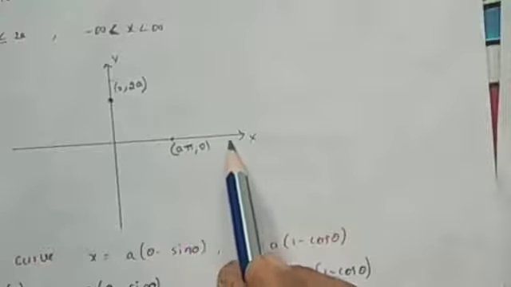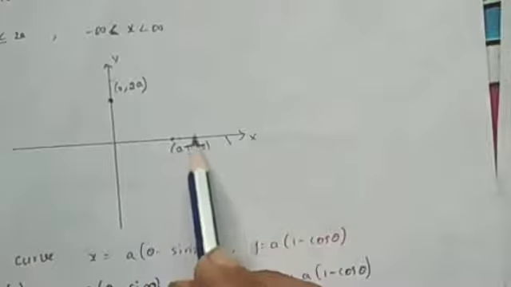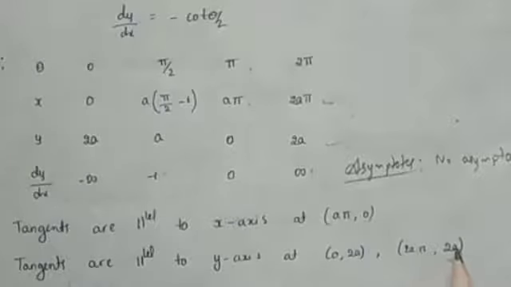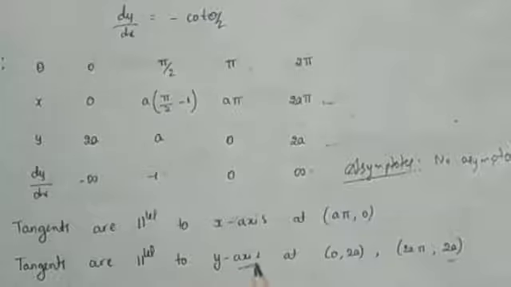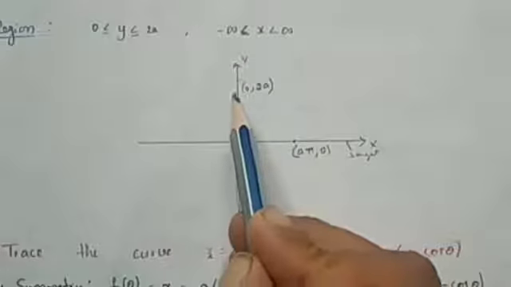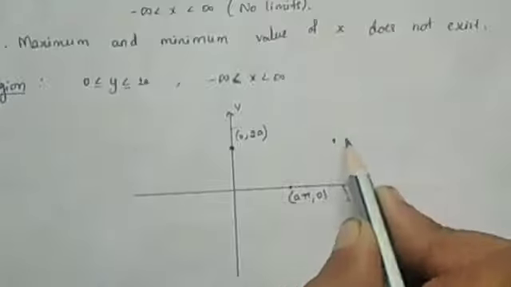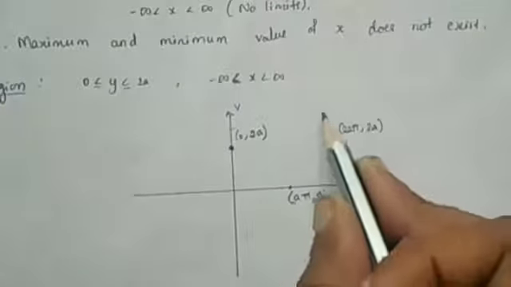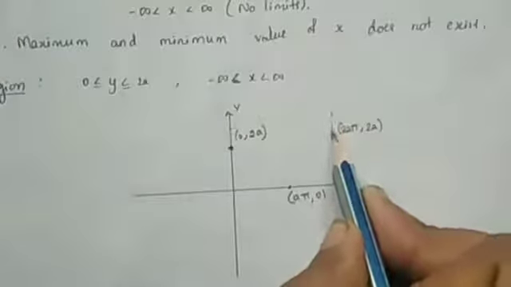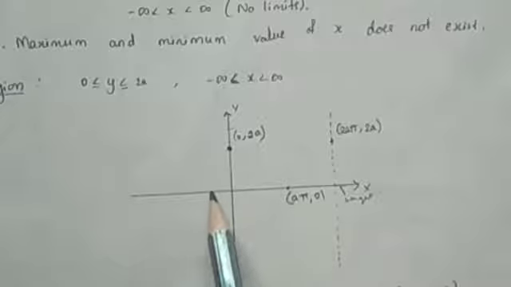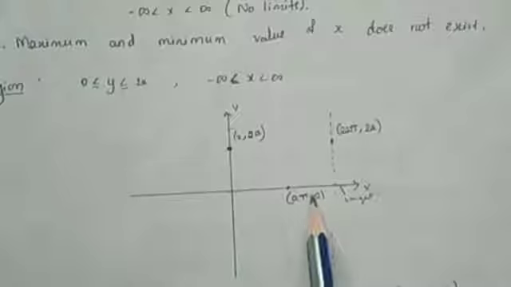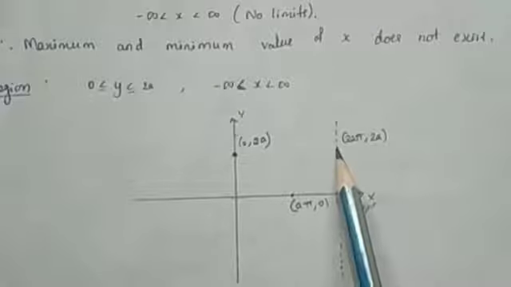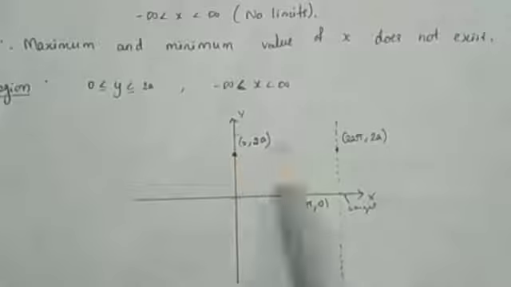At 0 comma 2a and 2a pi comma 2a, the tangents are parallel to the y-axis. At these points, the tangents are parallel to the y-axis. So at a pi comma 0 the tangents are parallel to the x-axis, at 0 comma 2a the tangents are parallel to the y-axis, and also at the point 2a pi comma 2a the tangents are parallel to the y-axis.